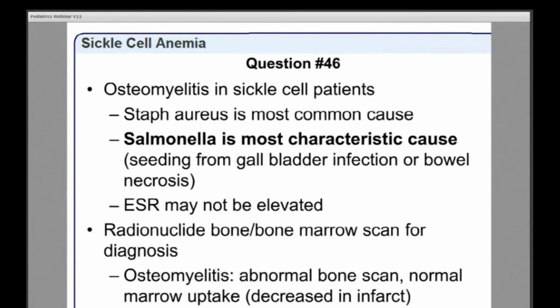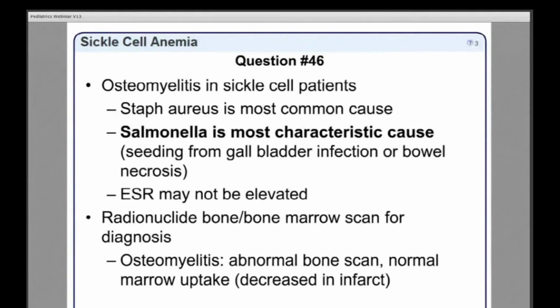Osteomyelitis can certainly occur in sickle cell patients, and when it does, Staph aureus is the most common cause, while Salmonella is the most characteristic cause, and this occurs from seeding from the gallbladder infections or bowel necrosis. Remember when these patients present that the ESR may not be elevated.